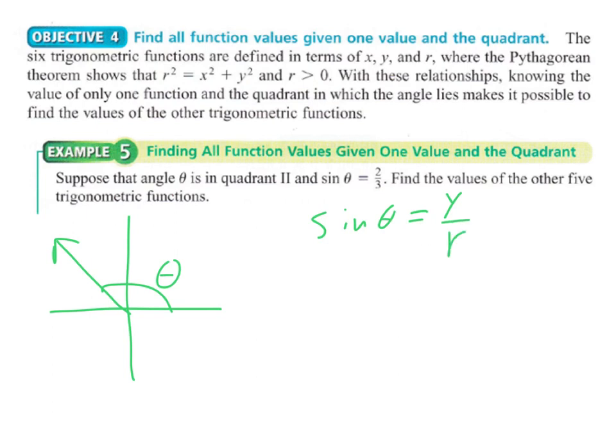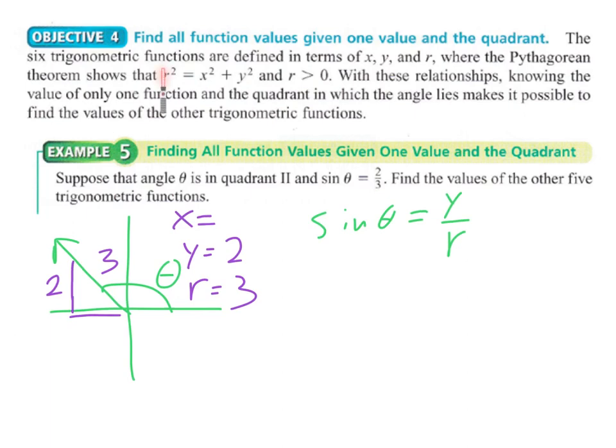So when we draw our right triangle, our y value would be 2, our r value would be 3. We don't know the x, the y we know is 2, the r we know is 3. So we can use the y and r in order to find the x value.